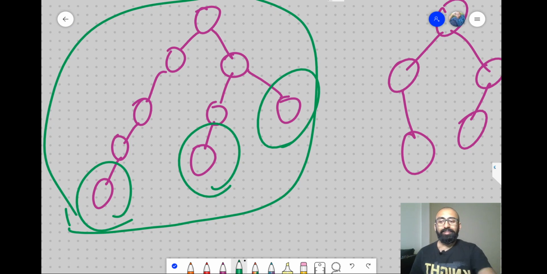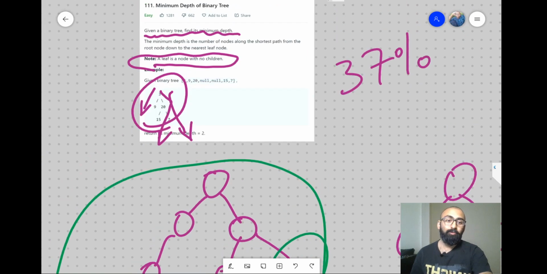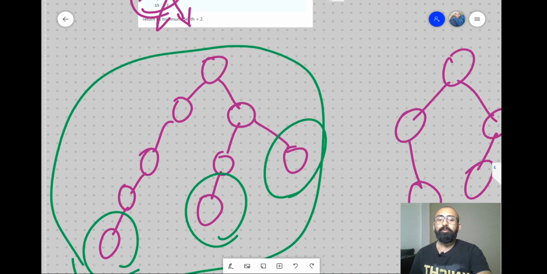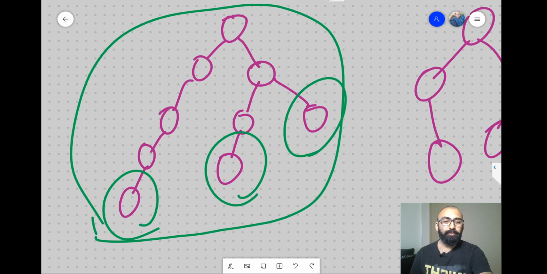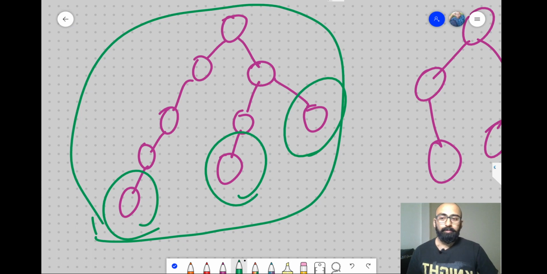He's defined it for you: a leaf node is a node with no children. We talked about children and career in our intro to trees, and please go and watch that video if you need the basics of trees. So we have 3 candidates for leaves here, and we want to see what's the minimum distance.